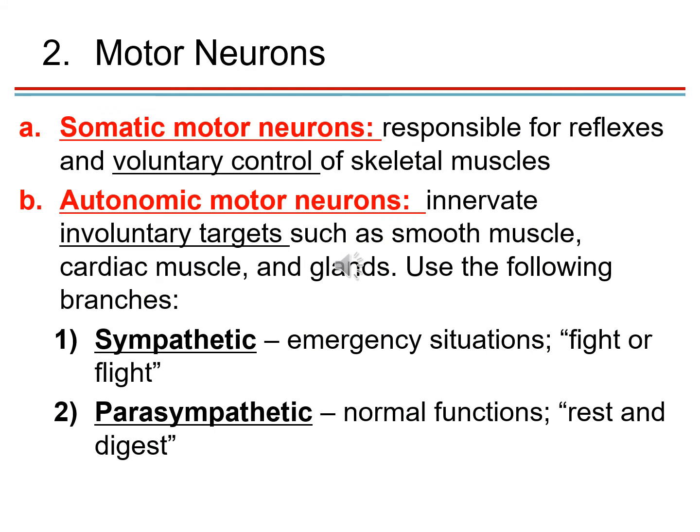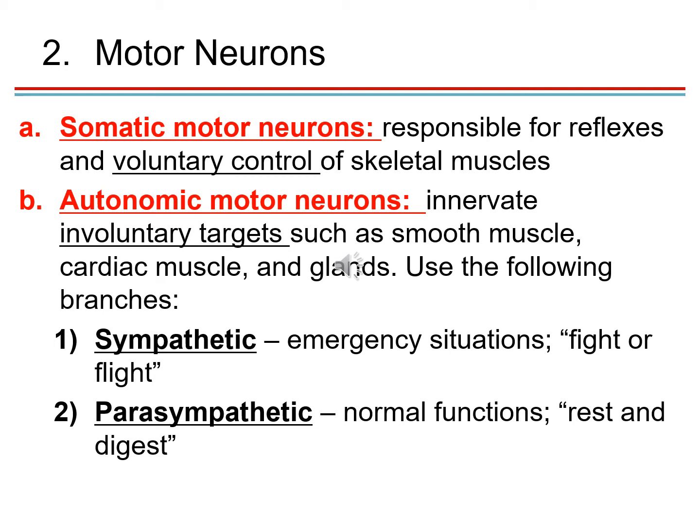As I mentioned before, the somatic motor neuron is used to reach voluntary effectors, like the skeletal muscles, which produce voluntary control, and they are responsible for reflexes as well. On the contrary, the autonomic motor neuron innervates involuntary effectors.